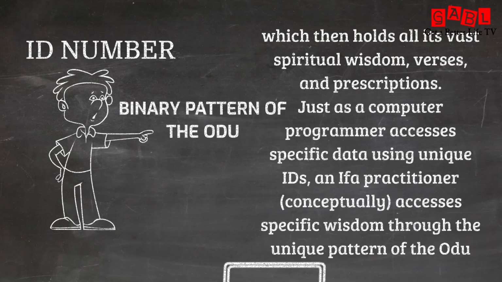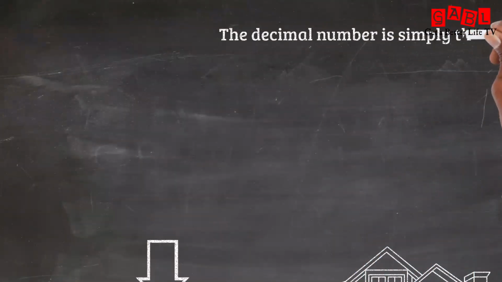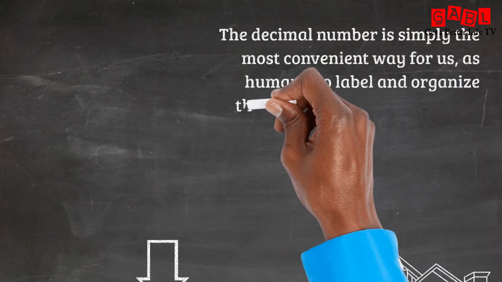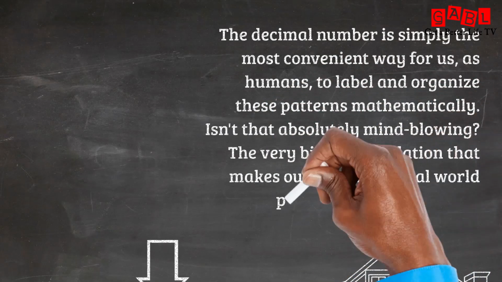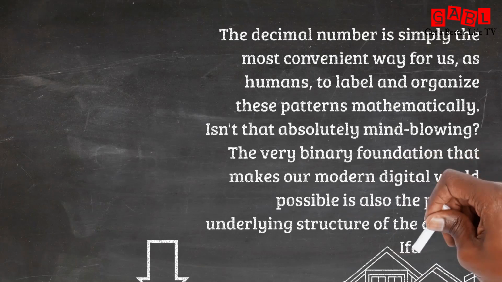Just as a computer programmer accesses specific data using unique IDs, an Ifa practitioner, that is Babalawo, accesses specific wisdom through the unique pattern of the Odu. The decimal number is simply the most convenient way for us as humans to label and organize these patterns mathematically.